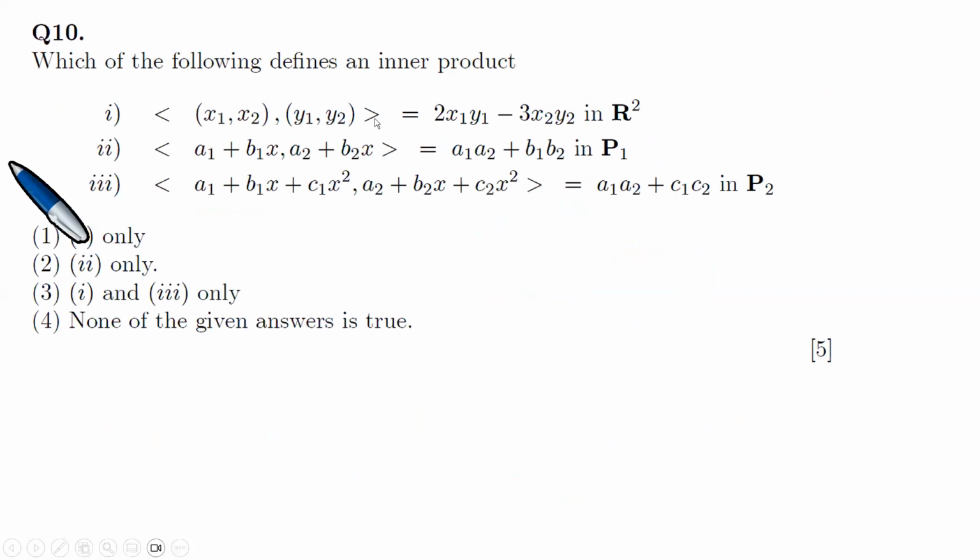Which of the following defines an inner product? Obviously you need to look very carefully and think of which one defines an inner product. I have a problem with this topic. What is an inner product? Good. An inner product is like, what is a vector space? I'm going to define it now.